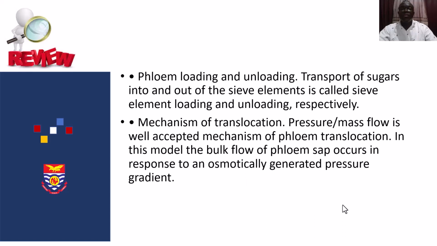Phloem loading and unloading: transport of sugars into and out of the sieve elements is called sieve element loading and unloading, respectively. Mechanism of translocation: pressure mass flow is a well-accepted mechanism of phloem translocation. In this model, the bulk flow of phloem sap occurs in response to an osmotically generated pressure gradient.